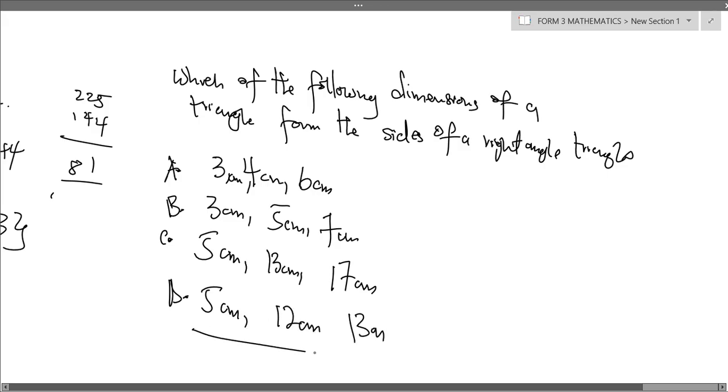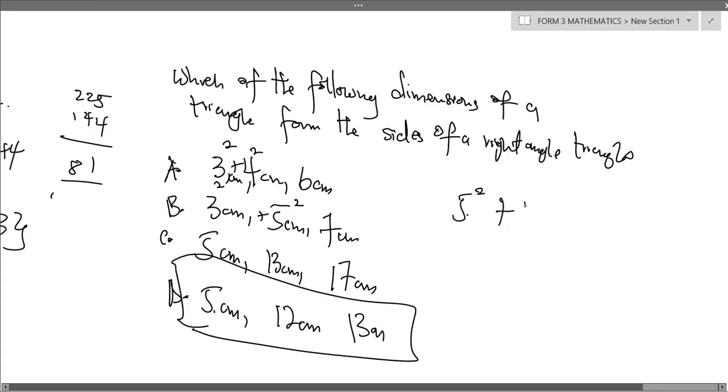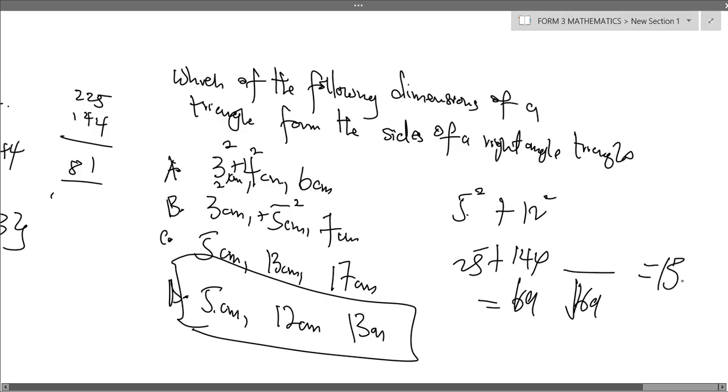Now the answer is obviously D, if you know your triples very well. When I square the sides in A and add them, the square root of the answer will not be 6. For B, the square root will not be 7. But let's take D: 5 squared plus 12 squared, 25 plus 144, is 169. The square root of 169 is 13 centimeters.